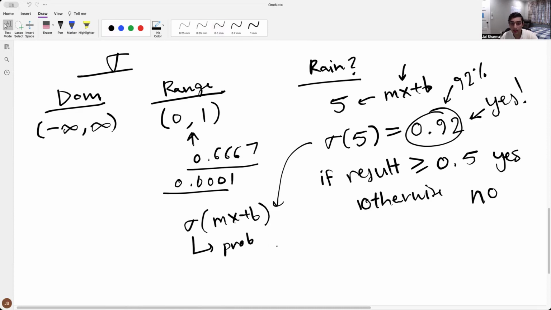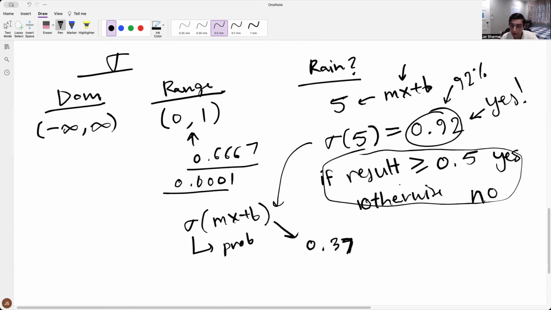And let's say that the output of all of this stuff was not 0.92, but it was actually 0.37. In that case, based on this rule, the result is not greater than or equal to 0.5, so it's no. 0.37 is not greater than 0.5, so no. So we think that it's not going to rain tomorrow, but think about it in a more logical way.